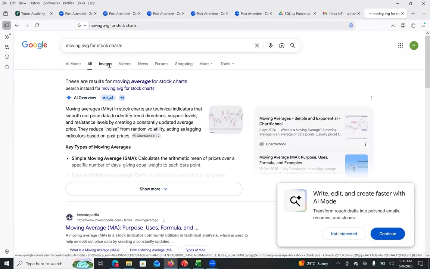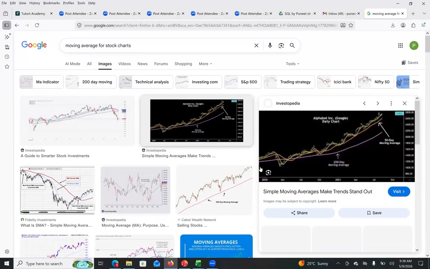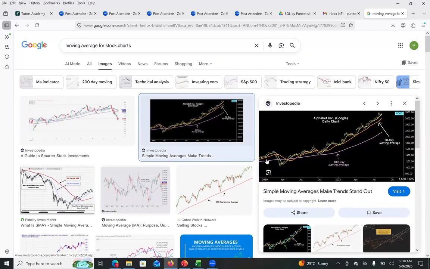Yeah. Okay, cool, nice. So if you look at it, even a stock price chart is nothing but a time series, because over a period of time the values go up or down. Even there, if I want to get the trend component, we use moving average.